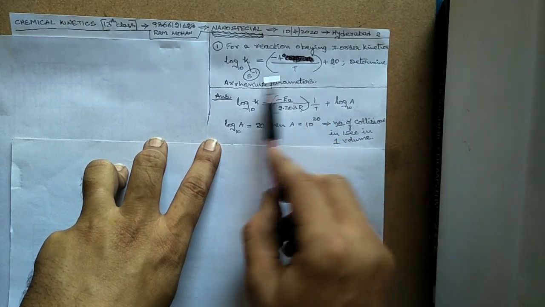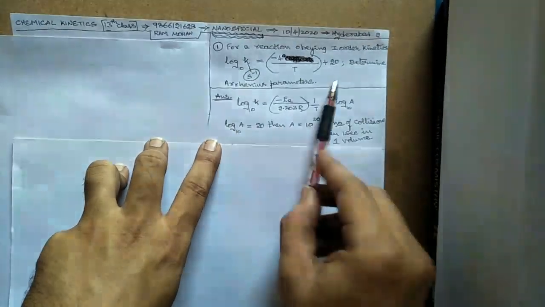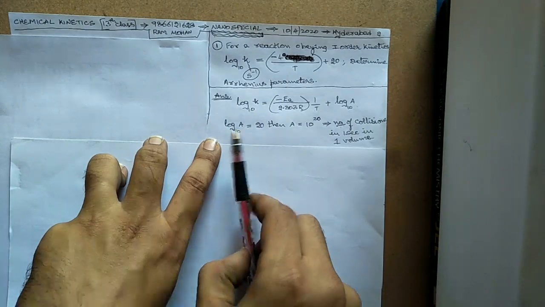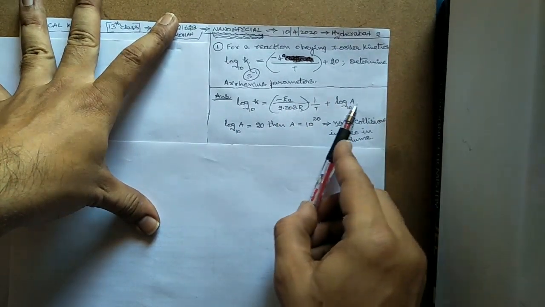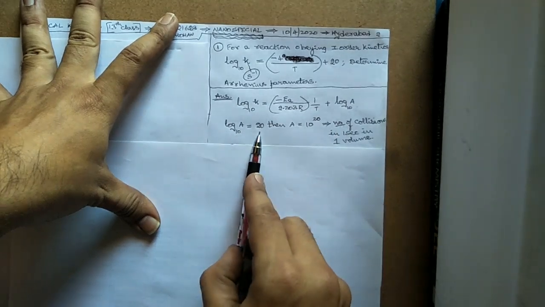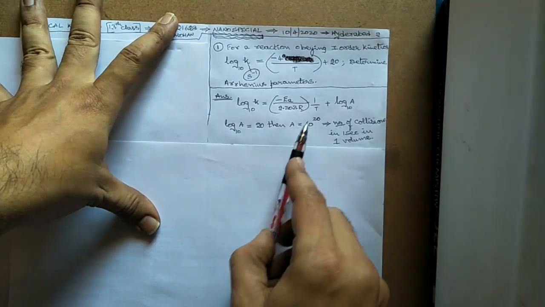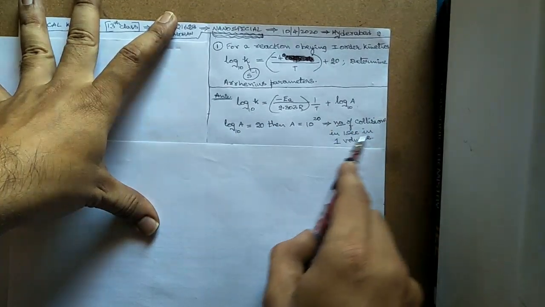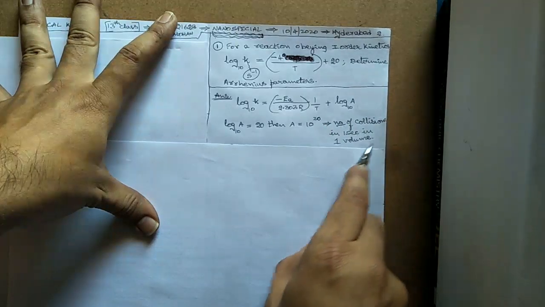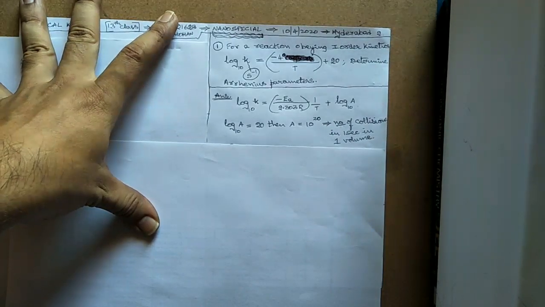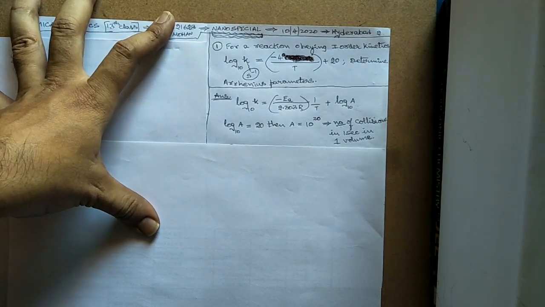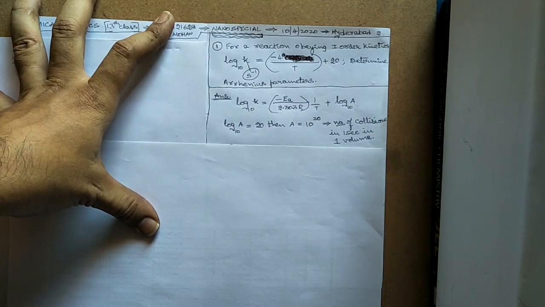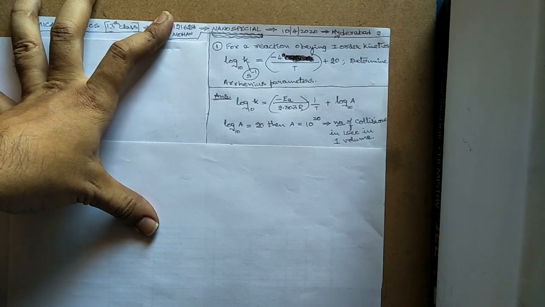I can relate the log k versus 1 by T graph y-intercept. What is the y-intercept of that particular graph? It is 20. So log A to base 10 is 20, and A is equal to 10 power 20. That is, that many collisions are possible in 1 second in unit volume.